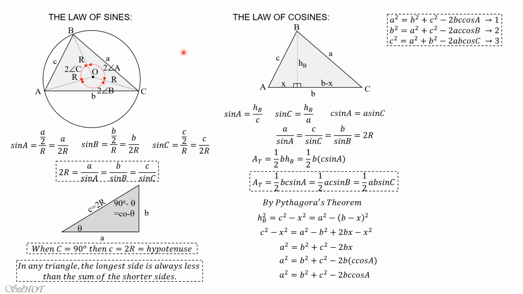So for instance, the angle is obtuse and you keep on solving the triangle using your calculator. So if you are accustomed to your calculator, be careful because remember, if the angle is obtuse, for instance, it is 130 degrees, your calculator will give you an answer which is equal to 50 degrees.